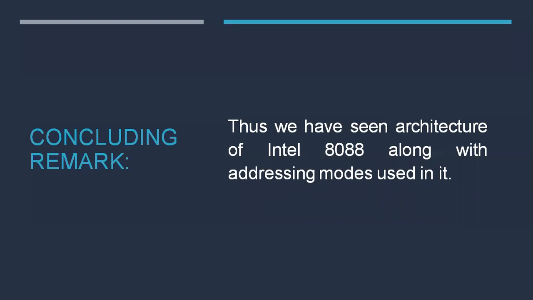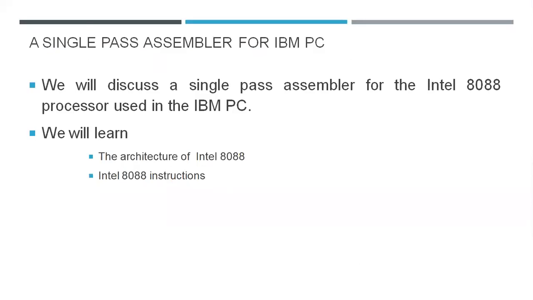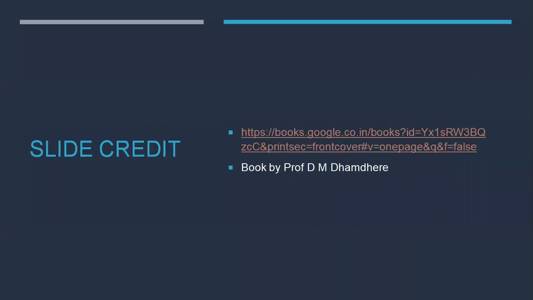Coming to the end of the video, we have seen the architecture of Intel 8088 along with the addressing modes used in it. In the next lecture, we will see part 2, that is Intel 8088 instructions, and an example of Intel 8088 instructions.